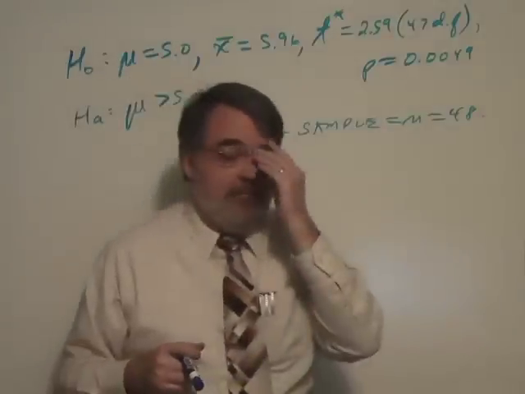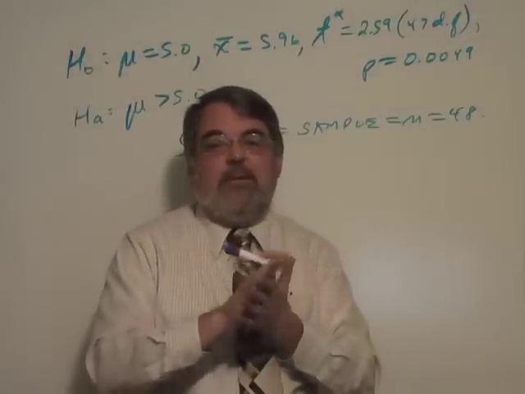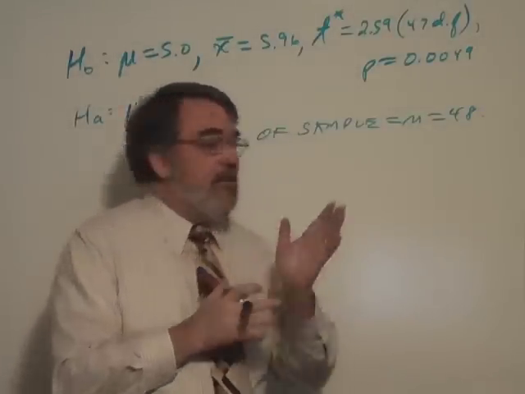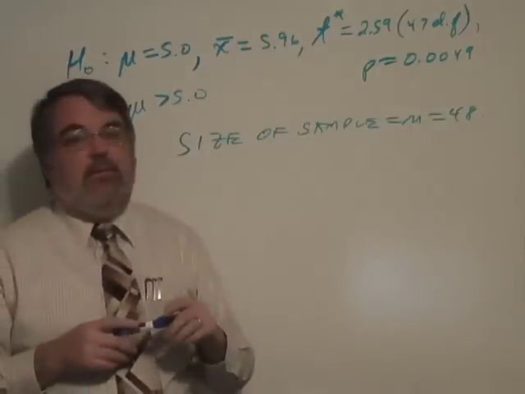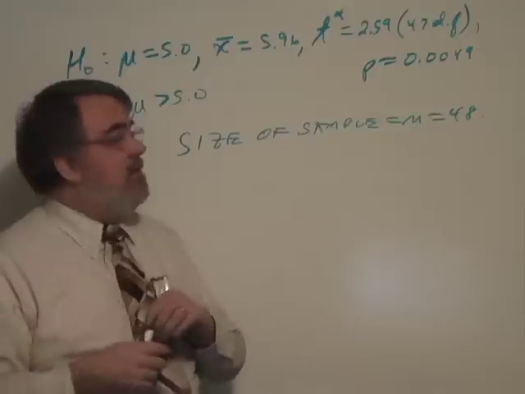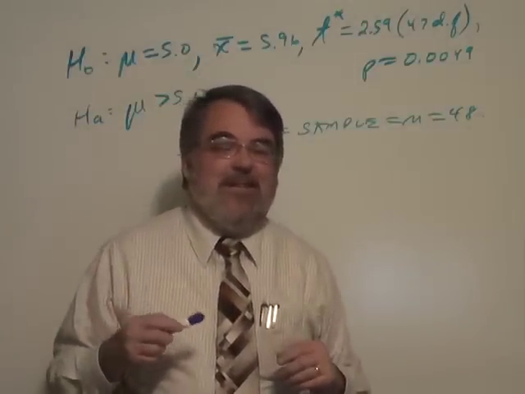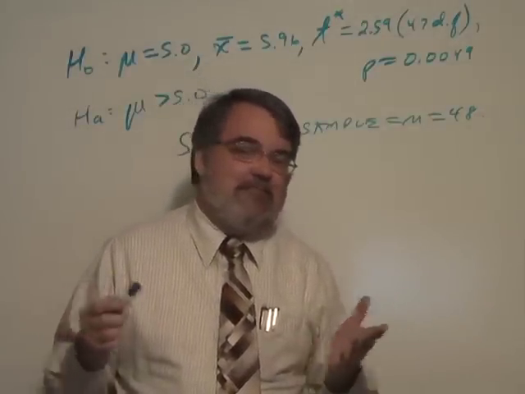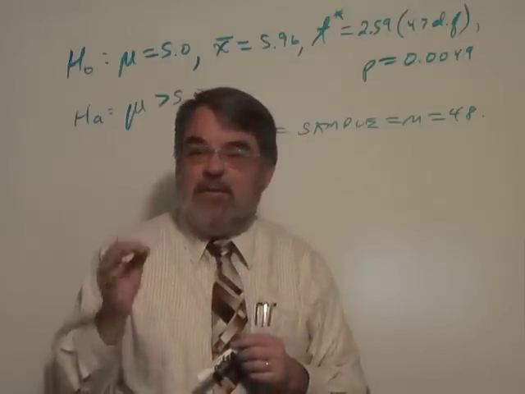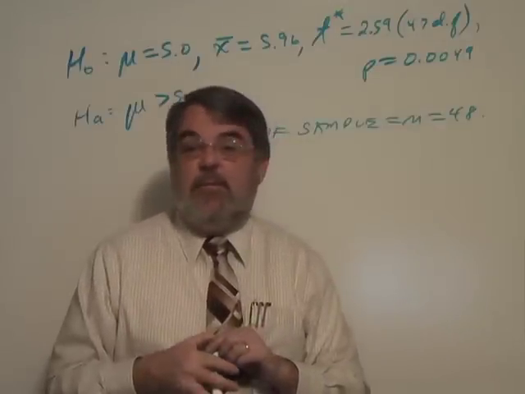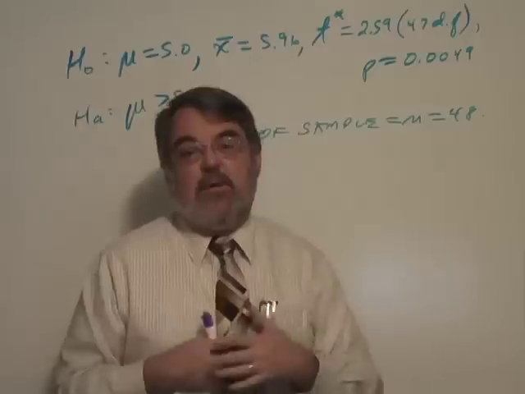Now think about another type of scenario here. Suppose that X bar was 5.01, just barely above 5.0. For all practical purposes, it's the same, isn't it? 5.01, probably due to random fluctuations.